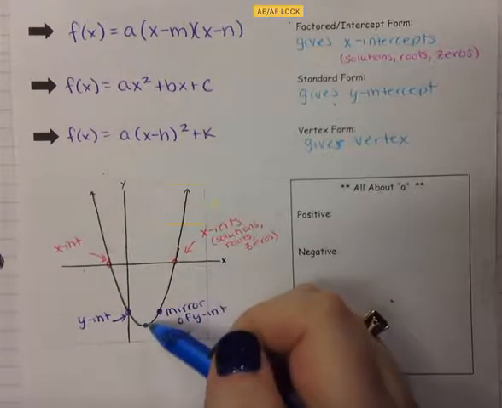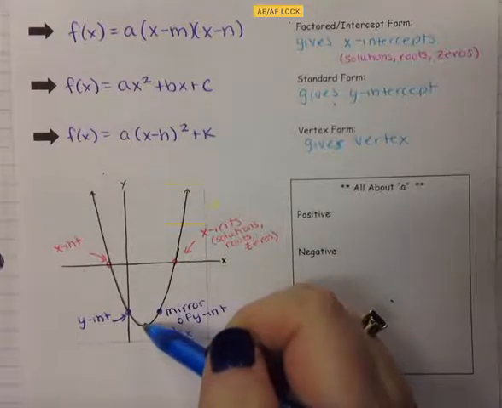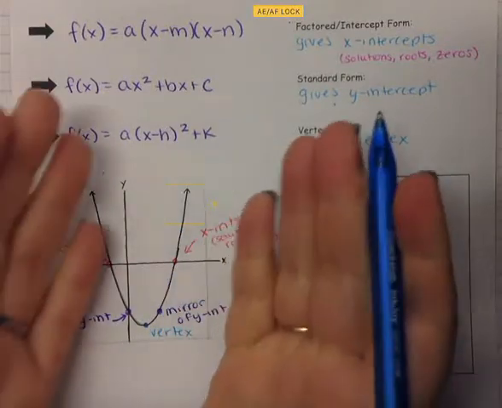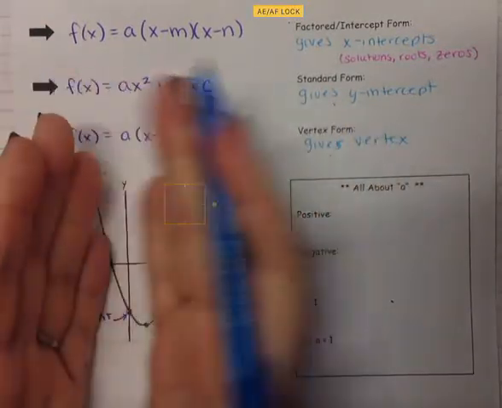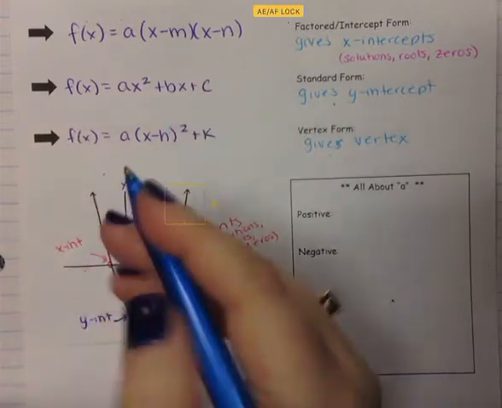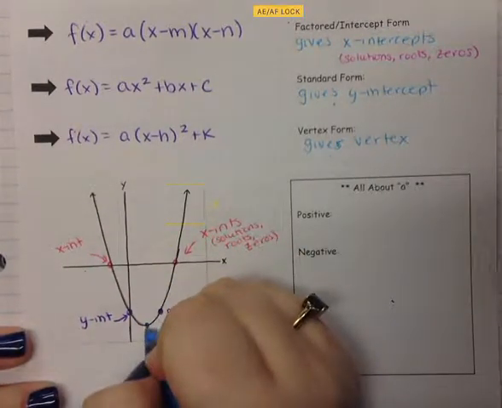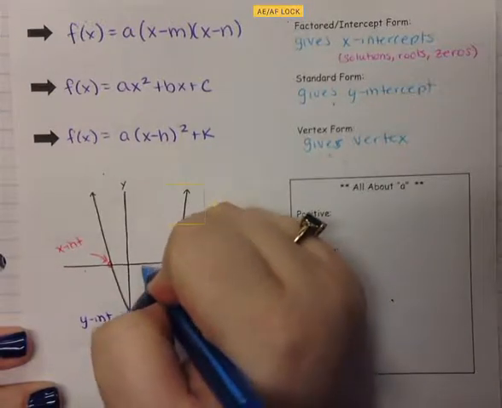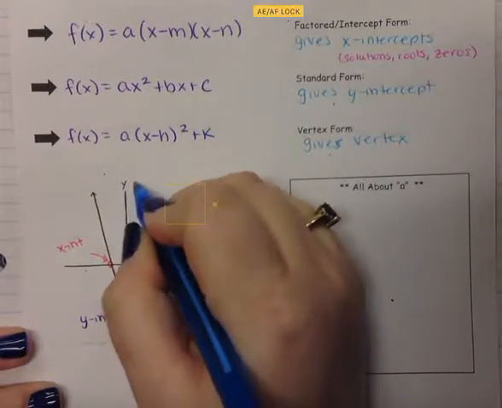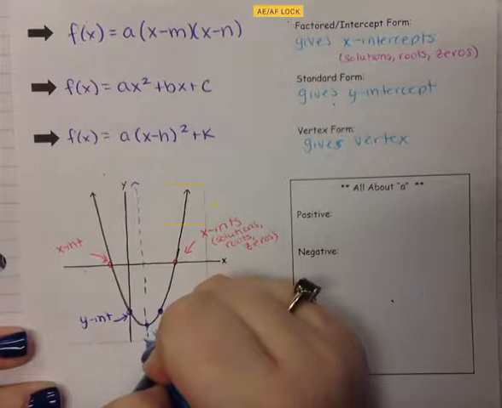And the vertex, since that doesn't have a mirror part, that's where the line of symmetry would go through. If I were to fold this, I would fold it this way. So that's going to be a vertical line, and it's going to go through the vertex. This vertical line that goes through the vertex is called our axis of symmetry.